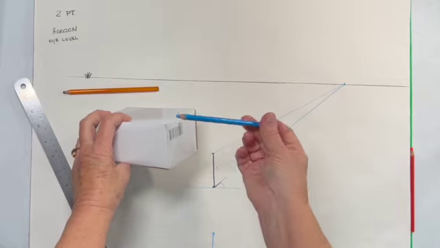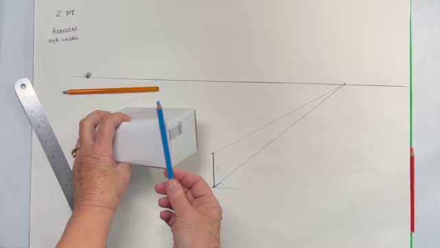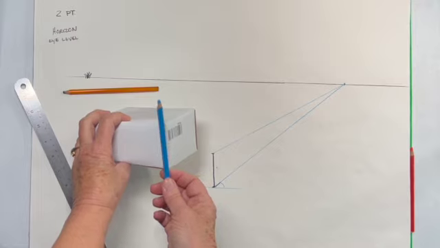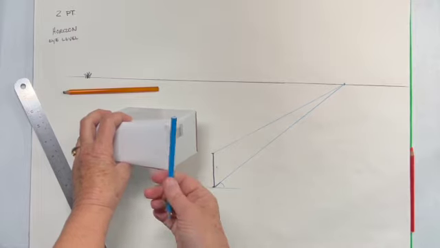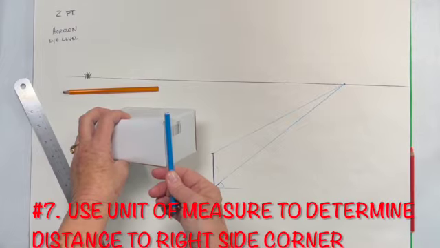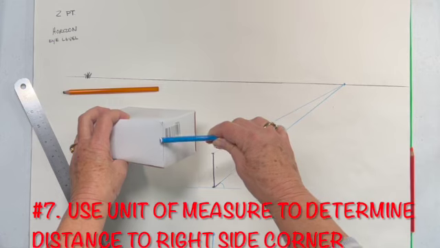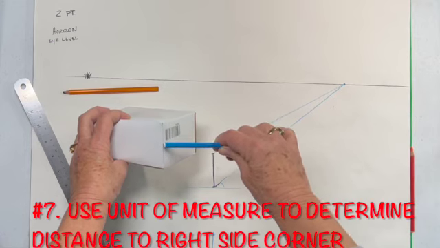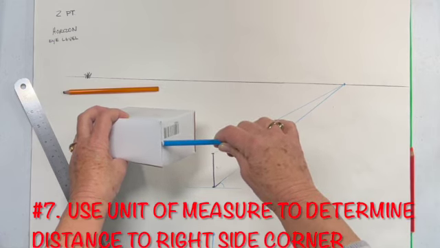Now we need to determine how far from this corner of this box, as we're using this as our unit of measure, how far from our point of view. This is 1, and then we'll hold it here, and we can see it's a little more than halfway of our unit of measure.